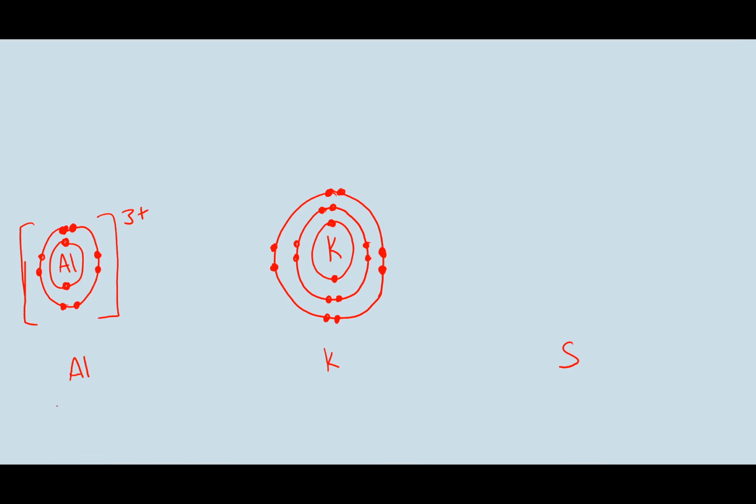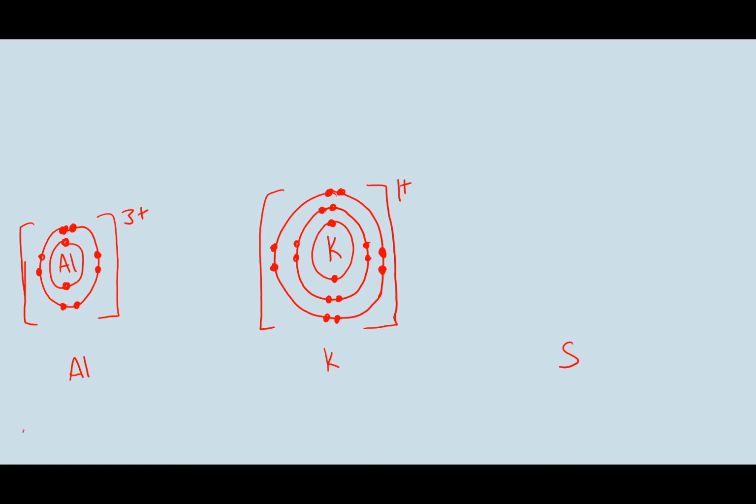This is what the potassium ion would look like. To identify that it is an ion, I'm going to draw our brackets around it and write the charge. Because we lost 1 electron, we have a charge of positive 1.